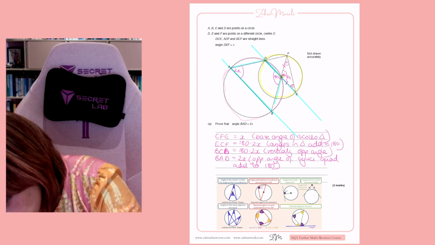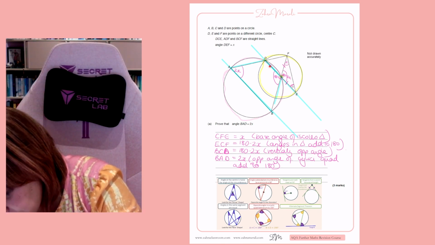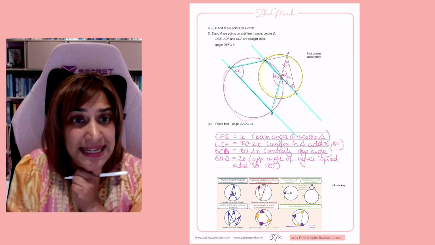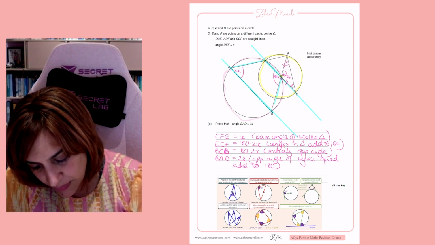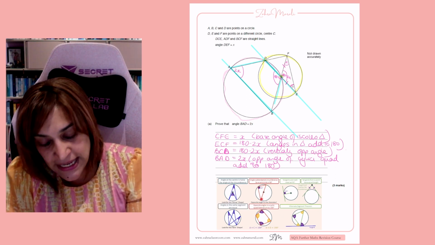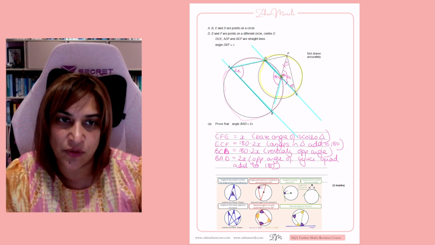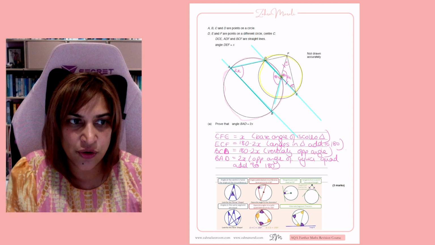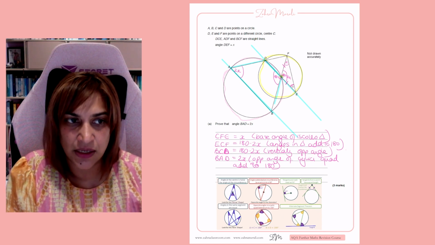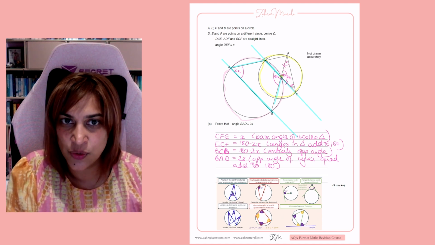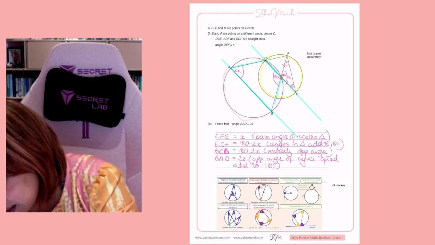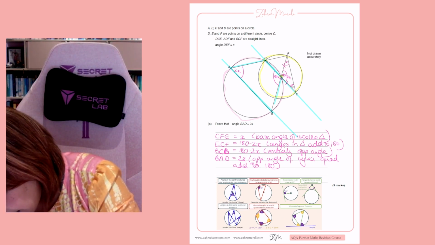So DE goes through the center and it's this circle here. So we know that DE is a diameter. When we have a diameter and it goes to the edge, we always get a right angle. So now we know that we get a right angle there. So the next thing that we can do is we can now say this is a right angle.